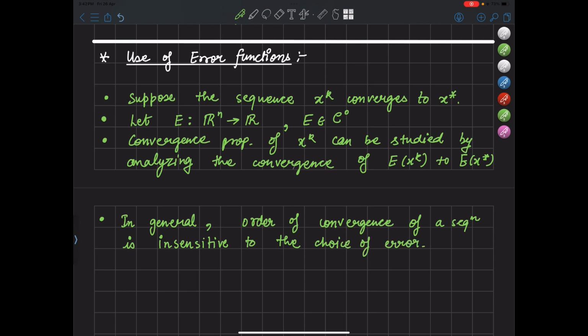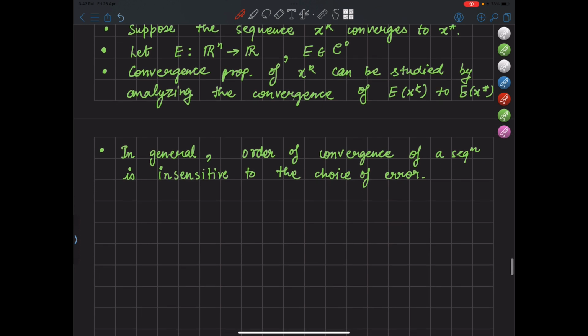So the thing is, the order doesn't change, generally, whatever error function you choose. There are some exceptions, but right now let's not consider them, because generally we don't use those kinds of error functions. So let's not worry about exceptions as of now.